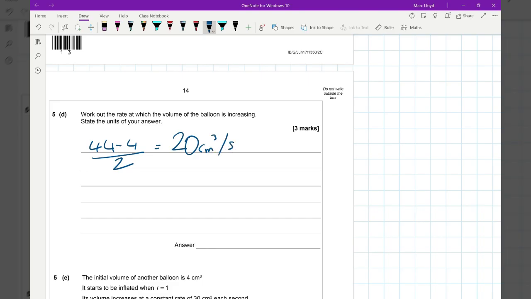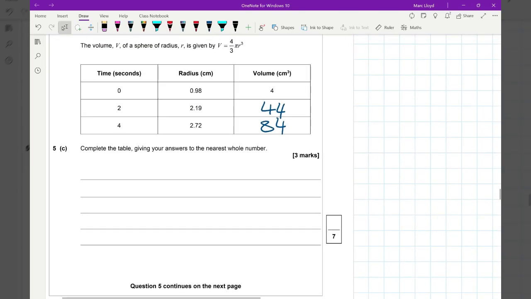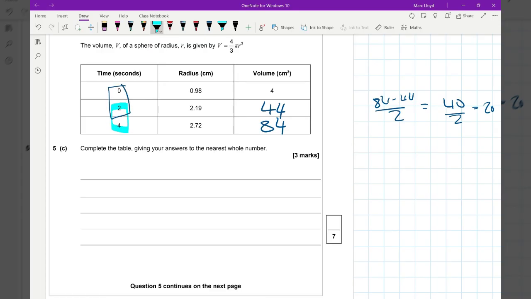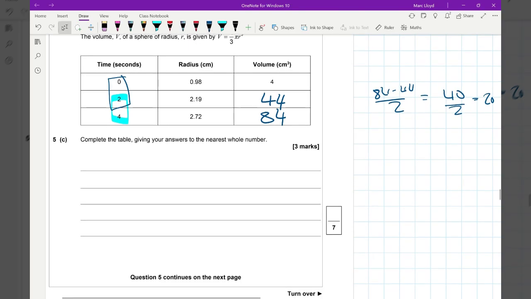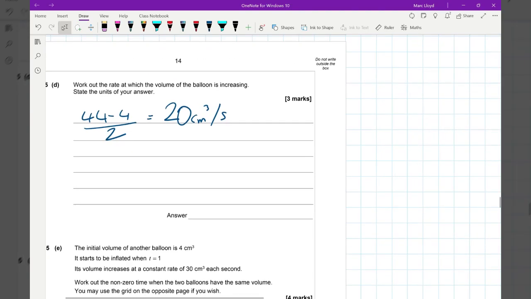Now, if I take a look at the other areas, again, it's the same. 84 take away 44 over 2 is 40 over 2, which is 20. Some of you may be saying, where's the 2 come from? So it's the difference between 2 and the 0. For the other one, the difference between 2 and the 4. So that's the difference in time. And our units are centimeters cubed per second.